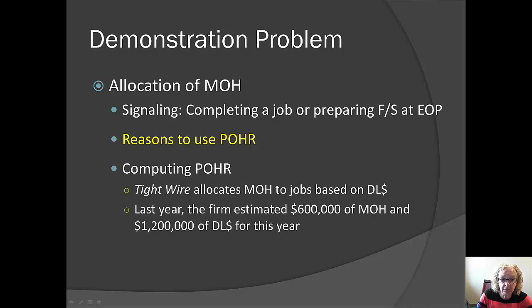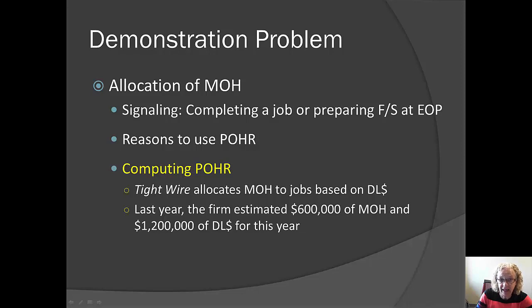So how are we going to compute this predetermined overhead rate? Each firm has to decide for itself how it's going to dish out overhead costs to the various jobs that it does. There are three common allocation bases for assigning overhead costs: machine hours, labor hours, or labor dollars.